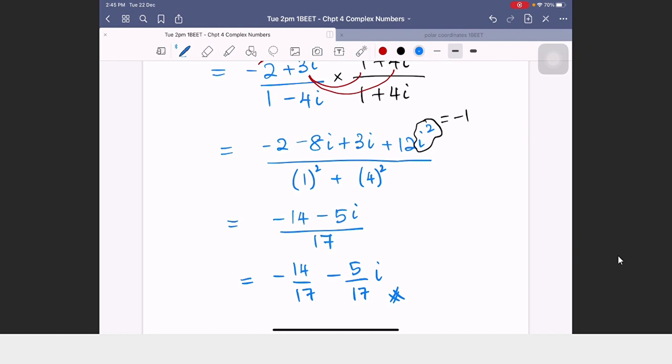Okay, everyone? Understood? Any questions? Understand, madam. Can you minimize the screen a bit? I want to screenshot the answer. All right, okay.